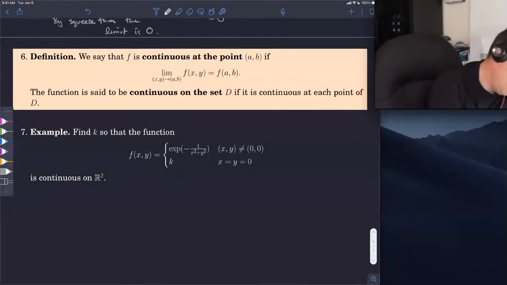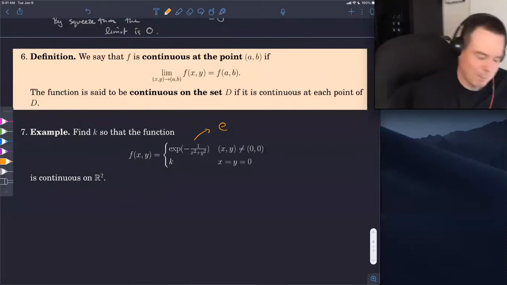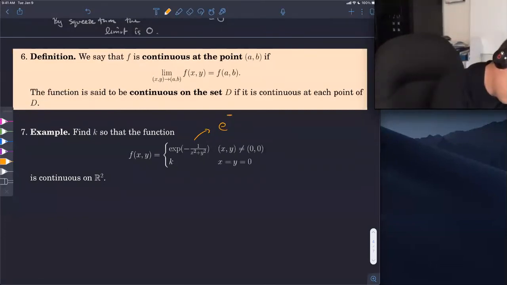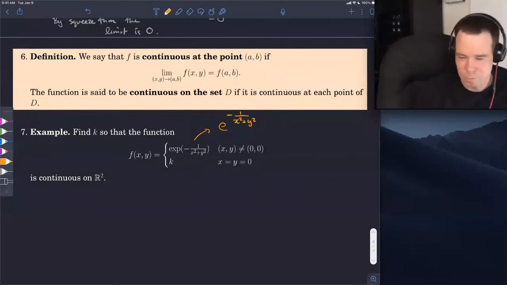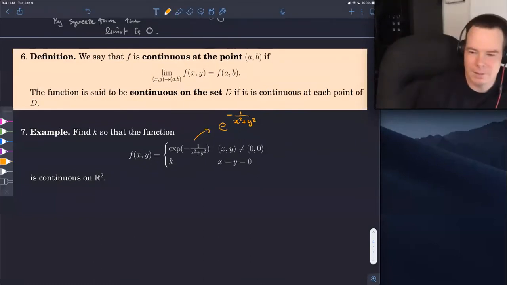If you didn't catch what exp really means, it's just the full name of e to the negative 1 over x squared plus y squared. That's how we would write it in a computer, for example. We would write exp and then in parentheses the input, and that's longhand for e to the power of.